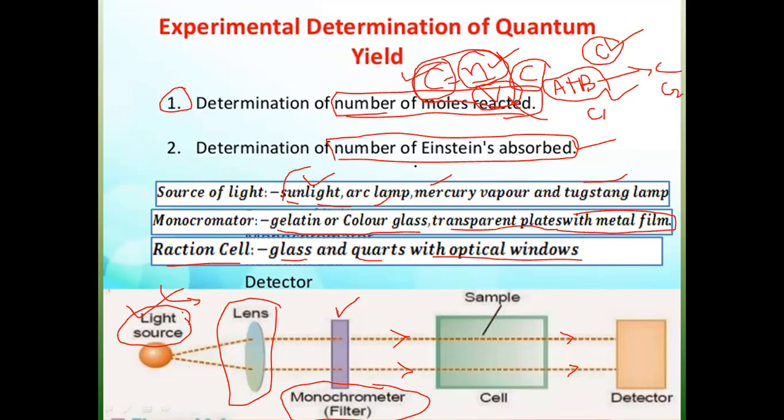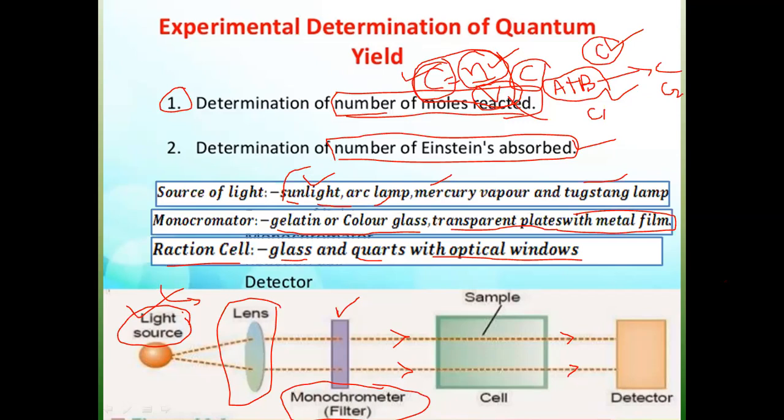In the case of the spectrophotometer and colorimeter, you use a cuvette made of glass, simply called the sample holder or sample cell. In that cuvette you put your sample, and then it goes for further analysis.